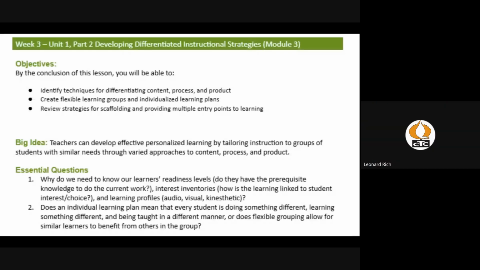All right, now let's talk. Colleen wants to know about perhaps a definition of accommodation versus a modification. Okay, so an accommodation might be a way in which I allow a student to get something done. Extended time is a simple accommodation.